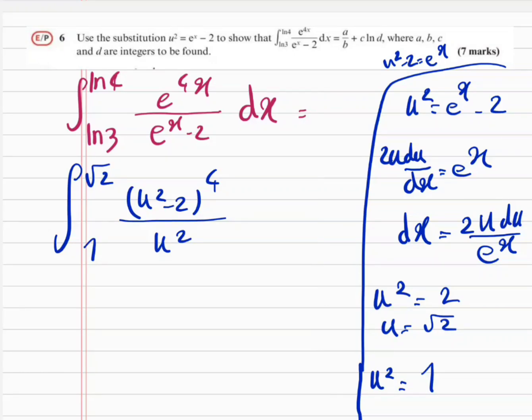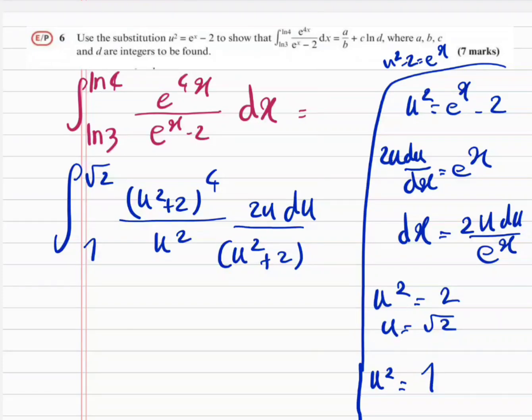And for dx, we substitute 2u du over e to the x, and for the e to the x part, we rearrange once again and get u squared plus 2. Just to correct this, when we rearrange, we have u squared minus 2 equal to e to the x, so it should be u squared plus 2, not minus 2.